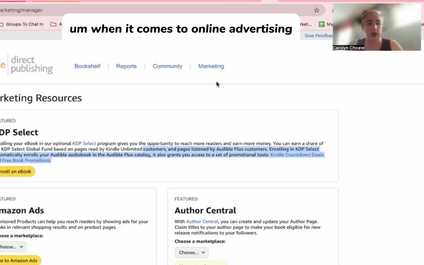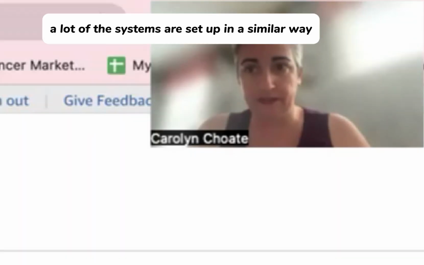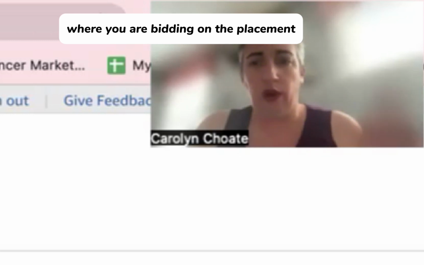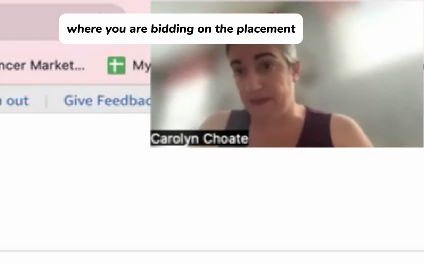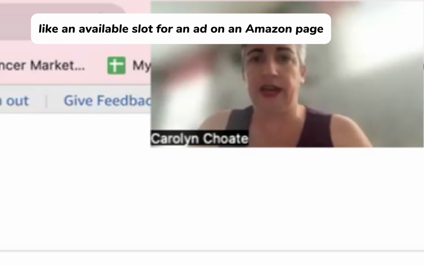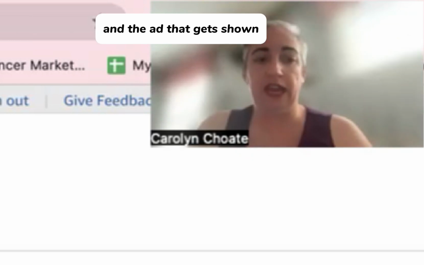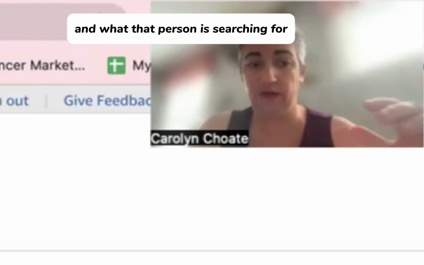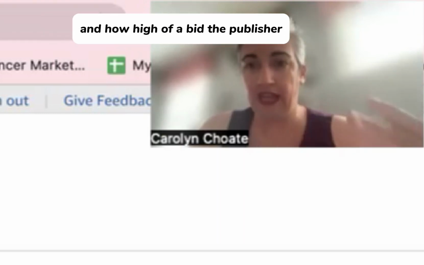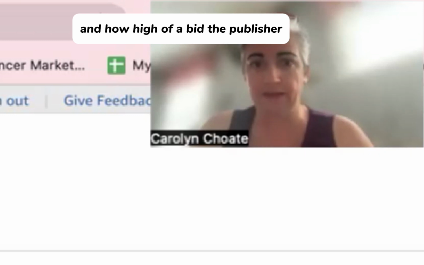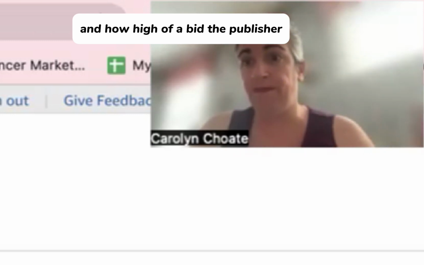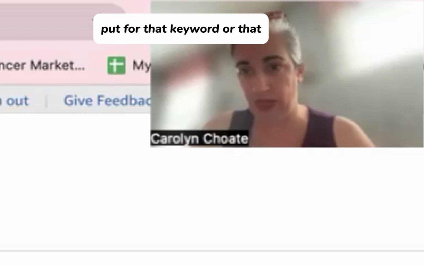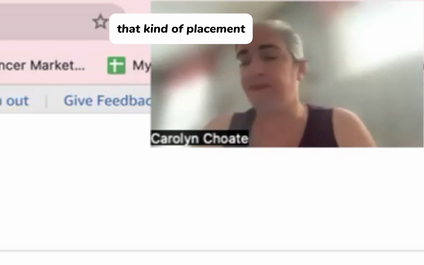When it comes to online advertising, a lot of the systems are set up in a similar way where you are bidding on the placement. So there's an available slot for an ad on an Amazon page, and the ad that gets shown has to do with how relevant it is for that page and what that person is searching for, and how high of a bid the publisher put for that keyword or that kind of placement.